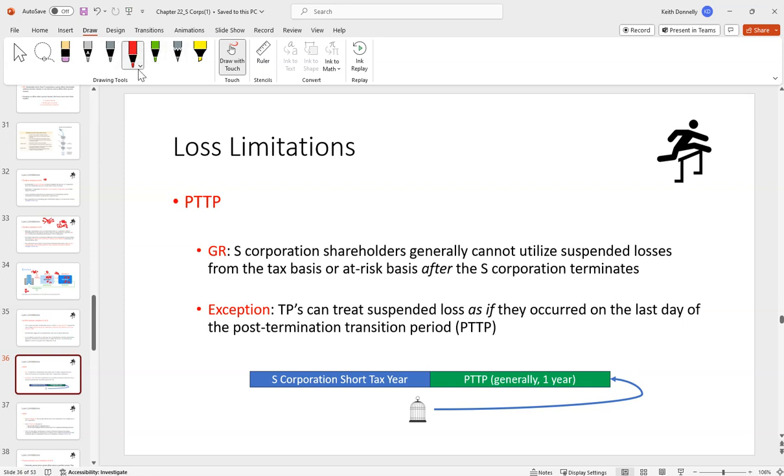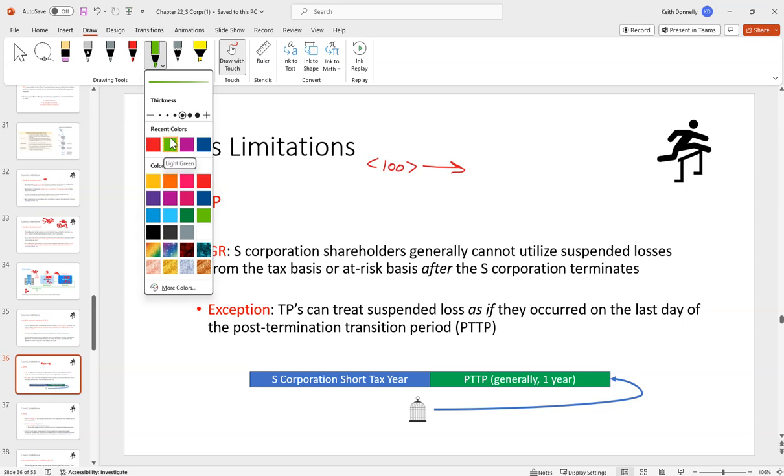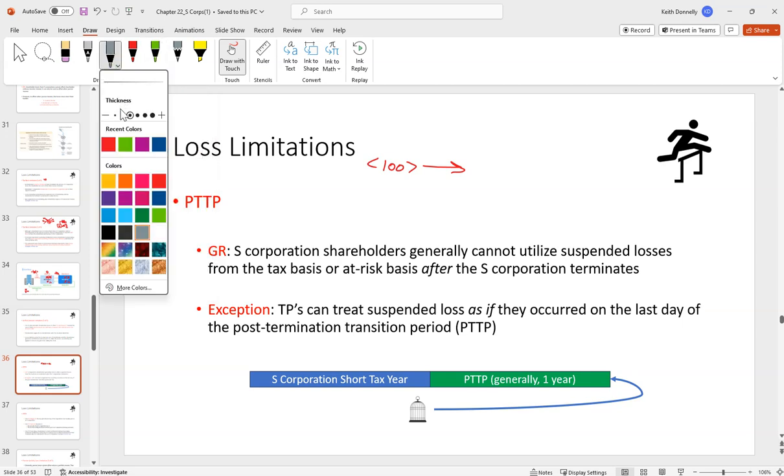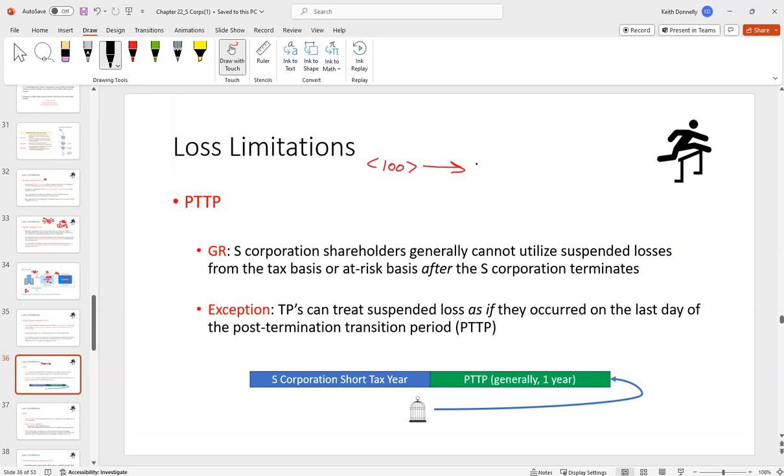Say we had a $100 loss that came through, and say that we had a $70 tax basis and a $60 at-risk basis.